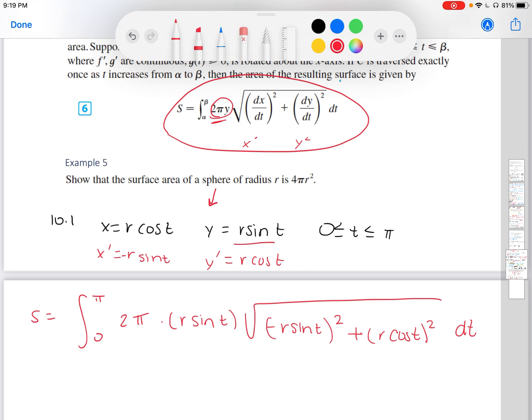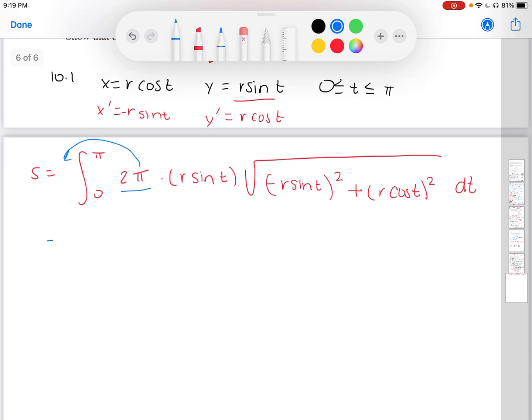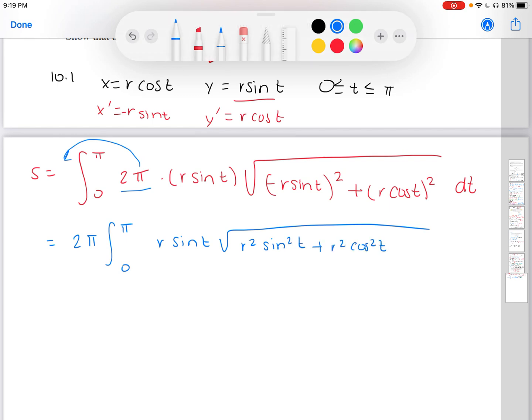Okay, that's it. From there we just integrate, and this one isn't so tricky once we start integrating. All right, we have 2 pi, which are constants, so we can go ahead and move them out. So we have 2 pi from pi to 0 of r sine of t times the square root of r squared sine squared of t plus r squared cosine squared of t dt.